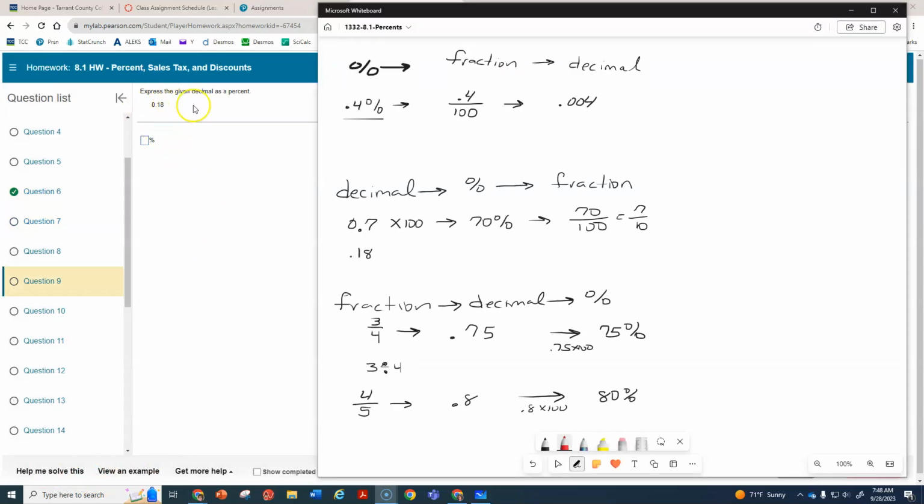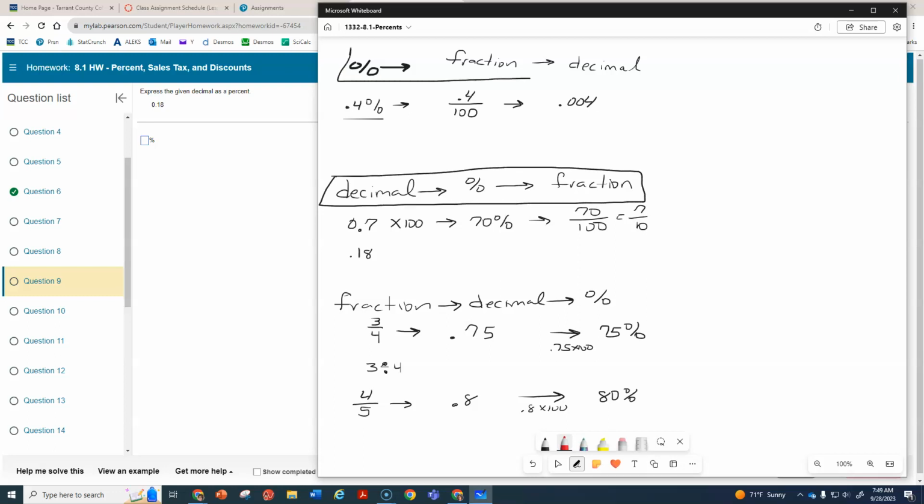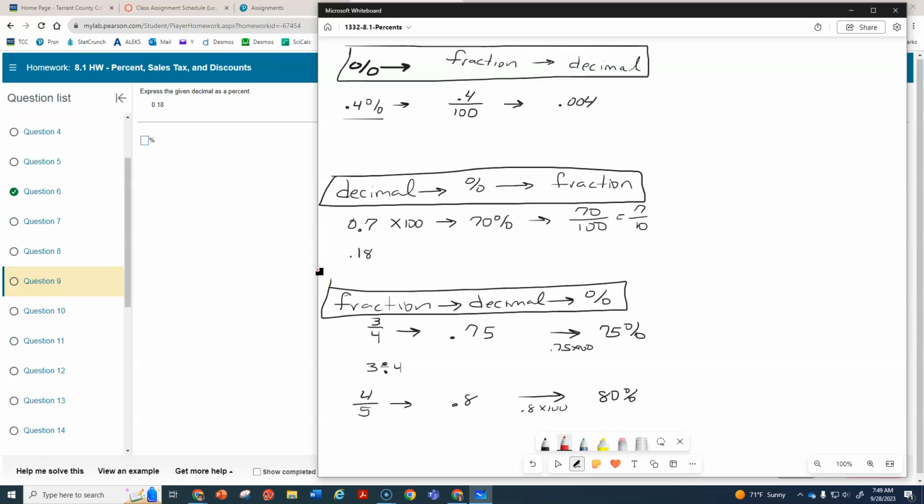Here's another problem where they ask you to take a decimal and write it as a percent. So here are the instructions that I'm going to use. When I have a decimal, I multiply the decimal times 100, and it's going to move the decimal 2 places.